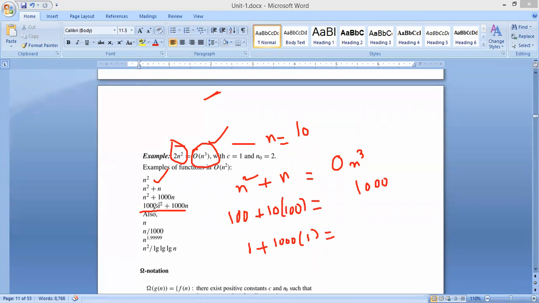If we have 1000 of n square plus 1000 of n, then we take 1000 common. Then that can be divided by n by 1000. If n by 1000 means n to the power of 1.999, this becomes the log. This is a little bit of a mathematical expression. So if I take this example, then we can say that this g of n function is going to provide a value more than this f of n.